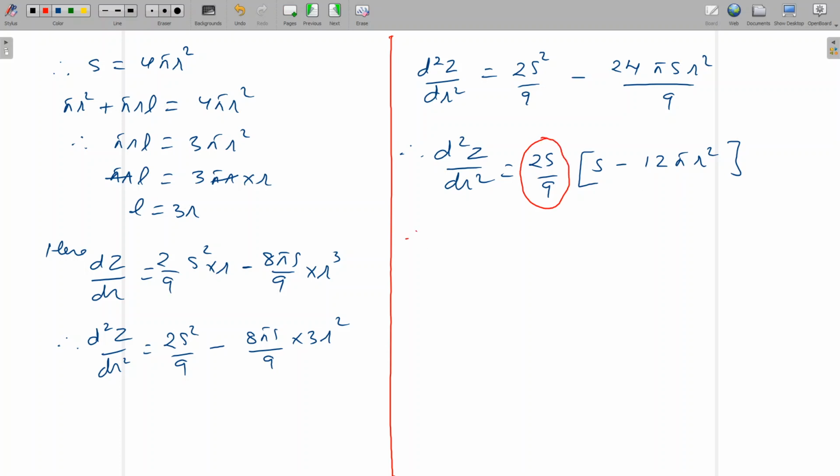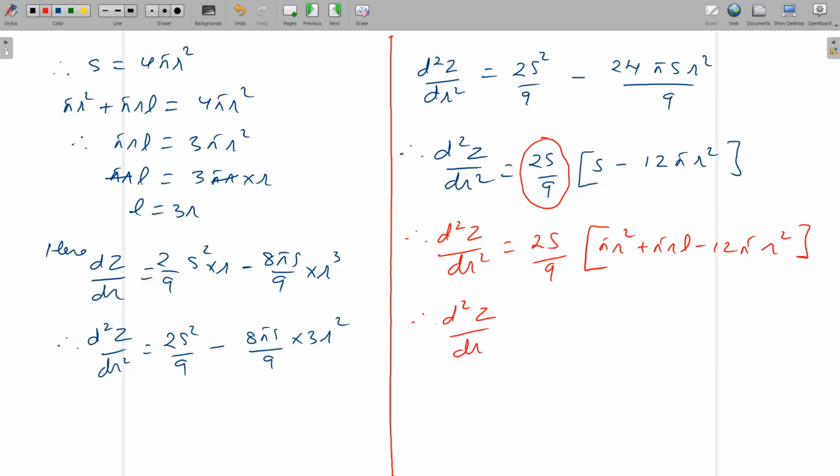So therefore d square z by dr square equal to 2s over 9. S we know is the total surface area of the cone, so that is pi r square plus pi r L minus 12 pi r square. So pi r square minus 12 pi r square will give us minus 11 pi r square, and so we have pi r L minus 11 pi r square.